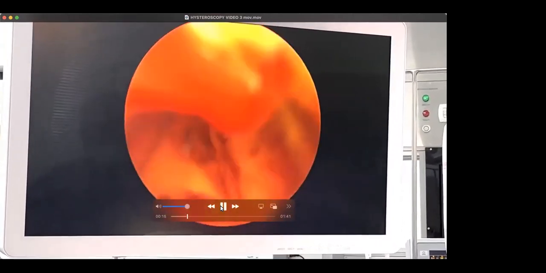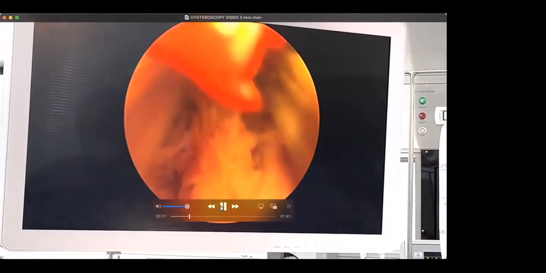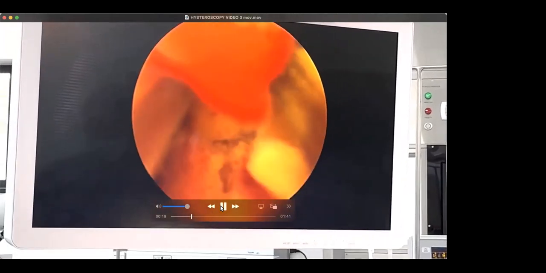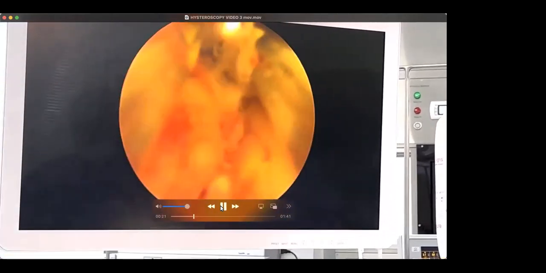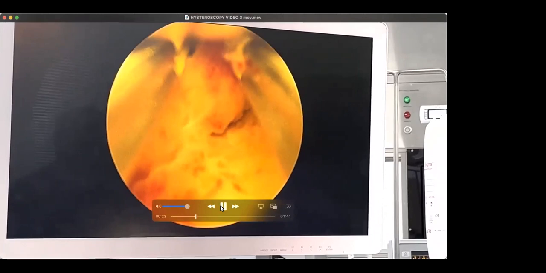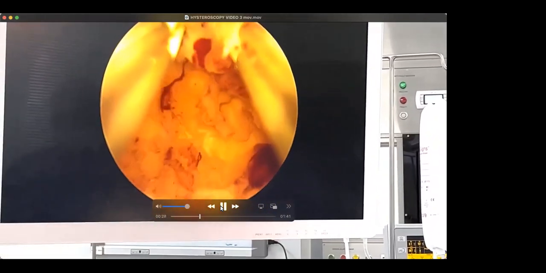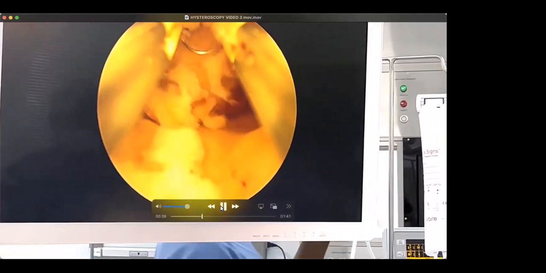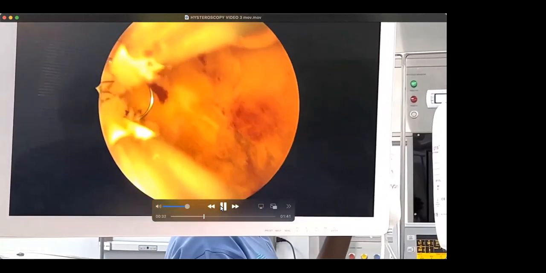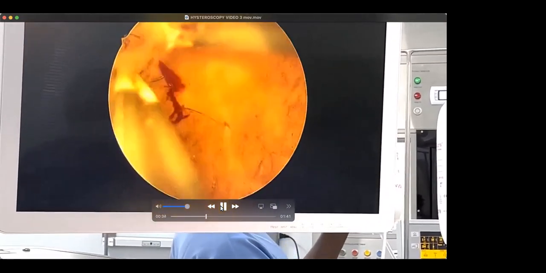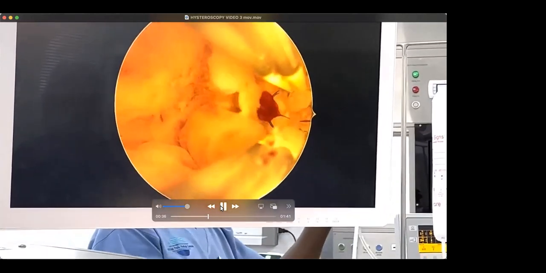It's a short video. Again, we're using saline as our media. And what we're seeing there is a patient with multiple endometrial cavity polyps. In this case, we actually had a resectoscope, which we managed to use to resect these polyps.